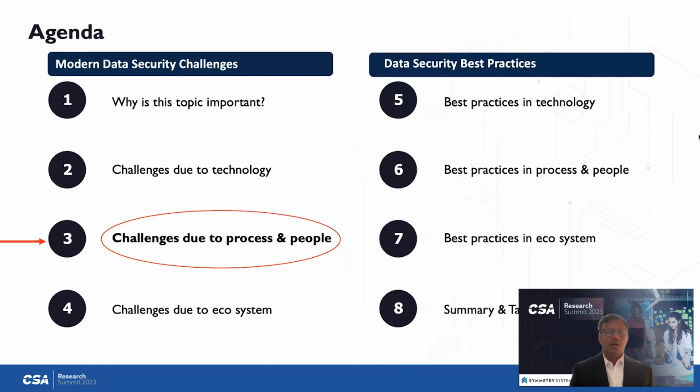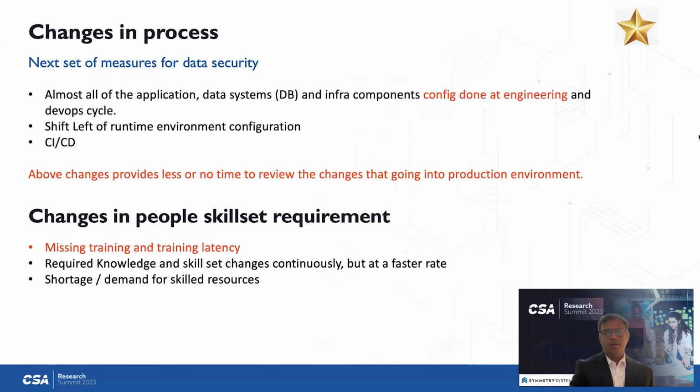Okay, let's look at the challenges that come through process and through people. So, changes in the process. The very important thing I would focus on here is the configuration done for the cloud applications at engineering, which is bundled and then sent to production support operations people to get it deployed.